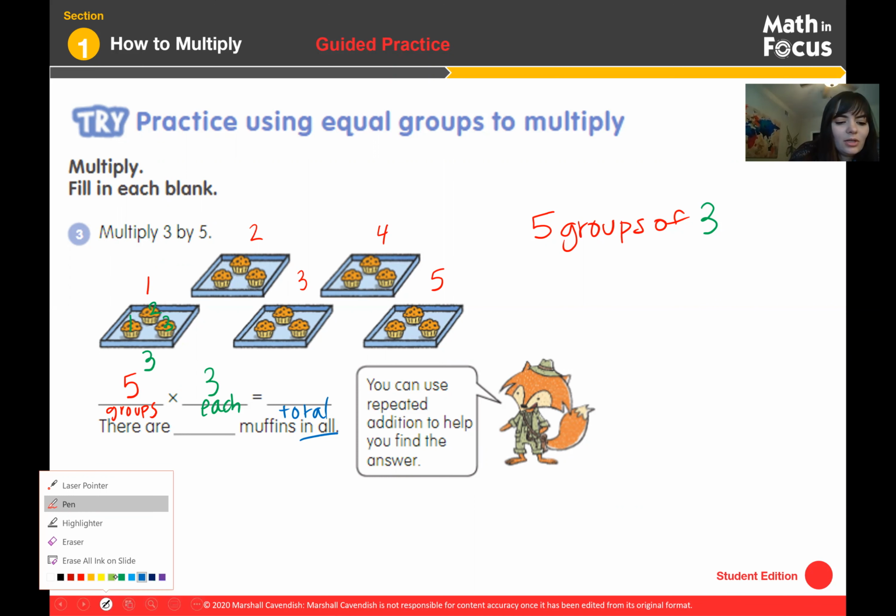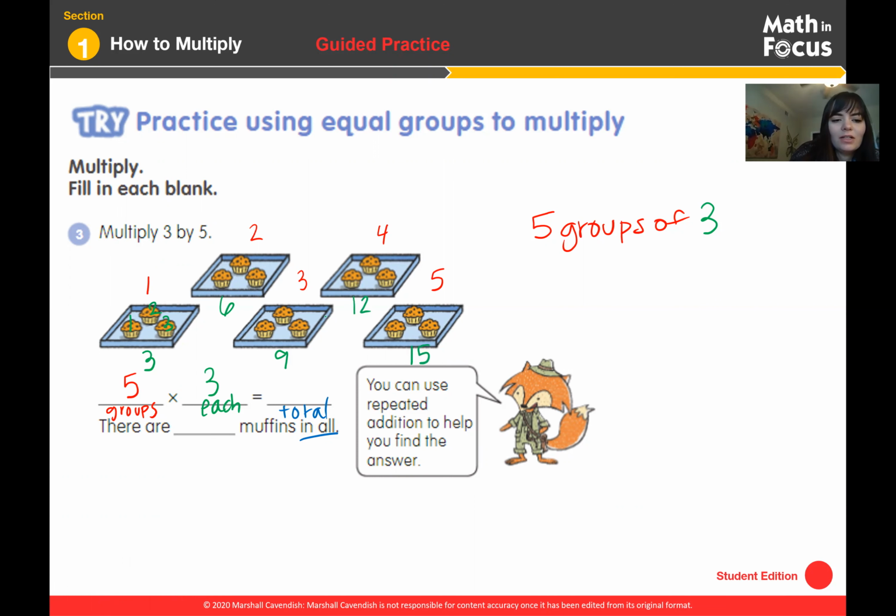So what I can do to help me do this is I can do my skip counting. 1, 2, 3, 4, 5, 6, 7, 8, 9, 10, 11, 12, 13, 14, 15. 3, 6, 9, 12, 15. That would be counting by threes, which is a little bit difficult, but I know that when you guys practice it, it's going to get better. The other thing I can do is my repeated addition.